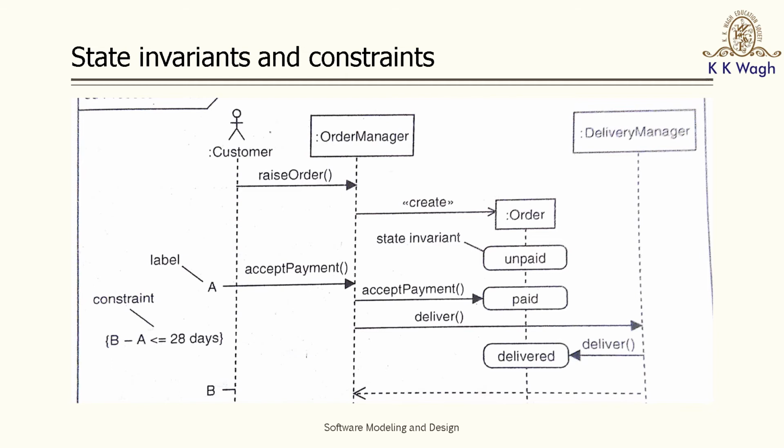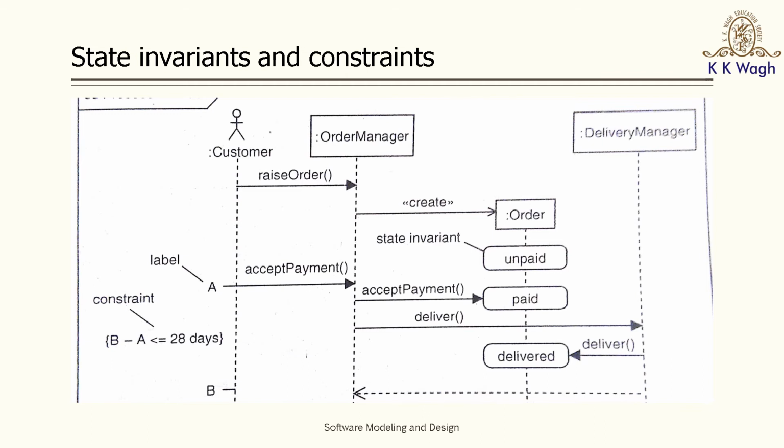This tells you that all orders are created in the unpaid state. On receipt of the accept payment from the order manager, which must be for payment in full, the order instance transitions to the state paid.